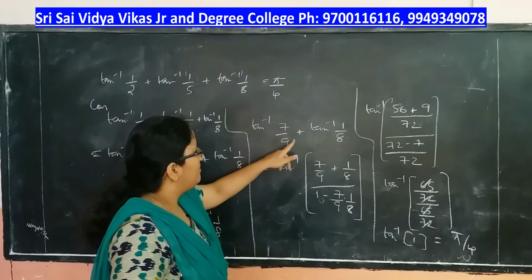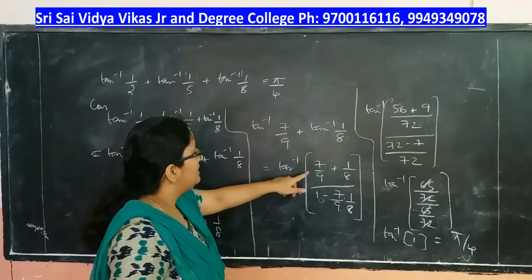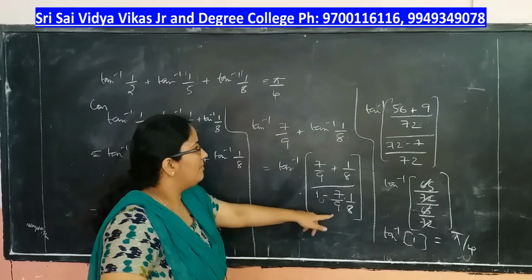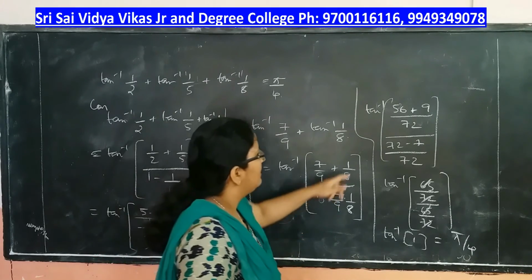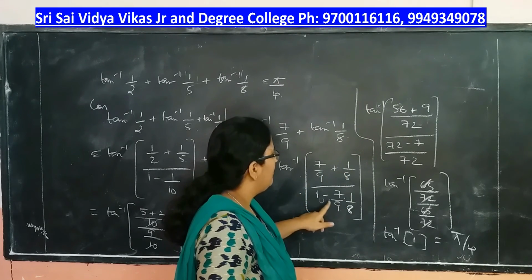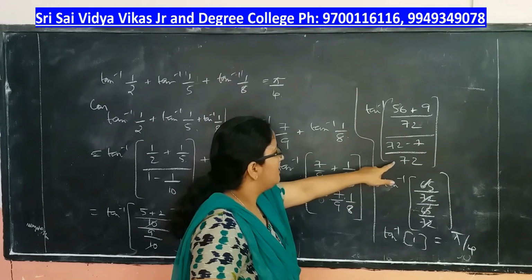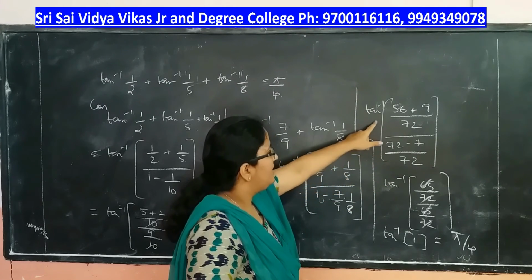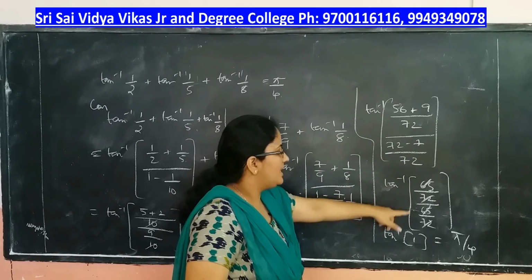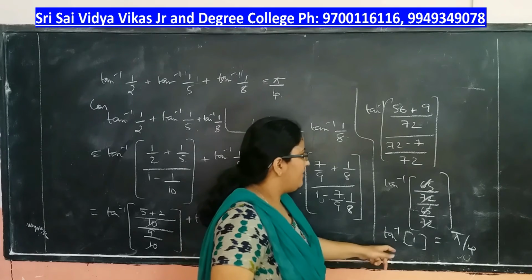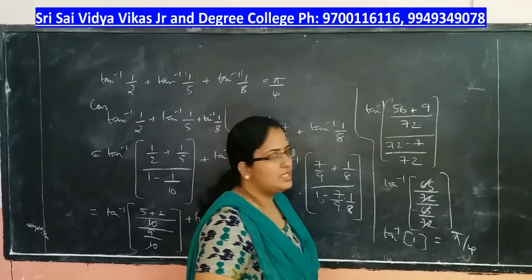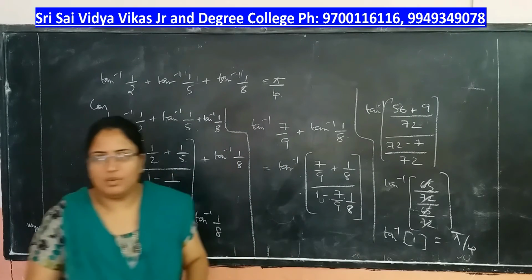Tan inverse 7 by 9 plus tan inverse 1 by 8 is tan inverse of (7 by 9 plus 1 by 8) by (1 minus 7 by 9 into 1 by 8), which is nothing but, if you take LCM, (56 plus 9) by 72 over (72 minus 7) by 72. 72 gets cancelled. 56 plus 9 is 65, and 72 minus 7 is also 65. So the numerator and denominator get cancelled. You have tan inverse 1. Tan inverse 1 is nothing but pi by 4, because tan pi by 4 is 1. So that's about this problem.